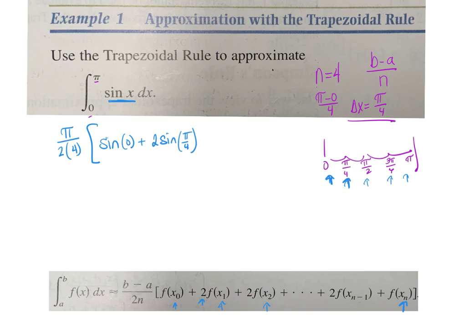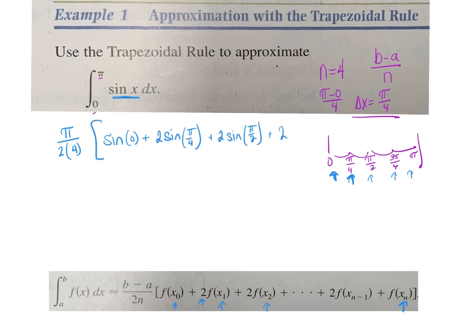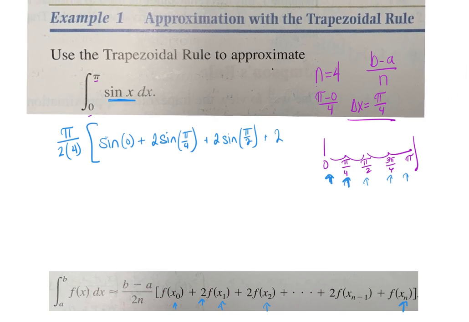So we're going to walk all the way up: 2 times sine of pi over 2, 2 times sine of 3 pi over 4. And then our last one, we don't have a 2 in front of it, sine of pi. So that's what we're going to plug in.